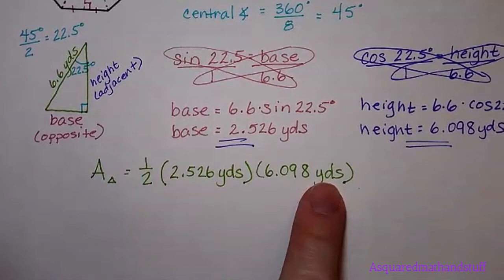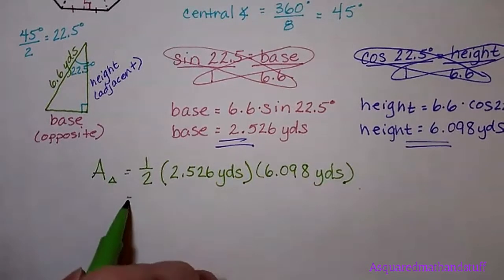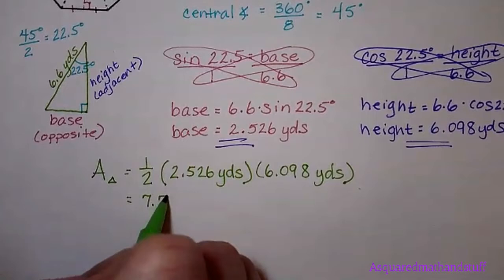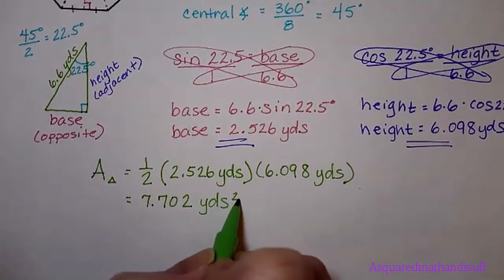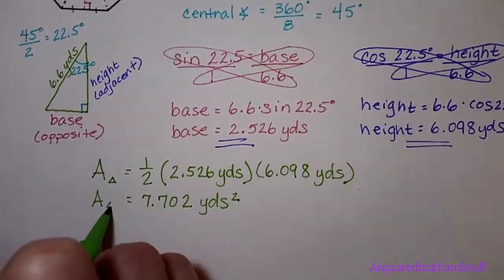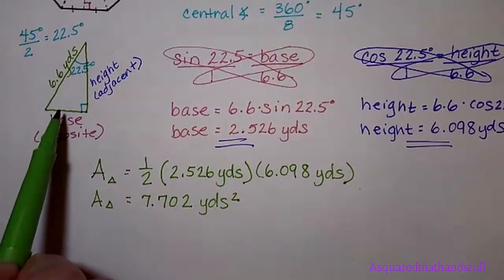Plug that in your calculator, and you will get 7.702 yards squared. So that's the area of this little triangle here.